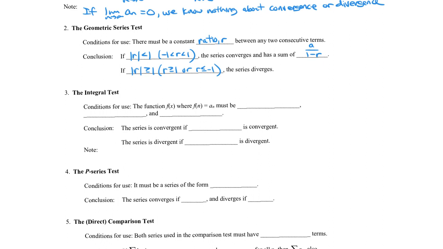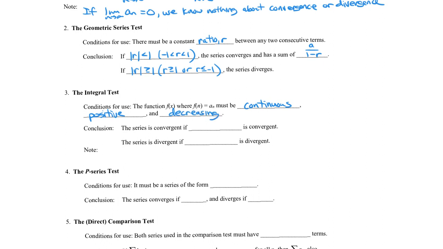This test is a bit of a handful sometimes, so you want to only use it if you have to, if there's nothing else that will work. Conditions for use: the function f of x, the corresponding function to our series, where f of n equals a sub n, must be continuous, positive, and decreasing.